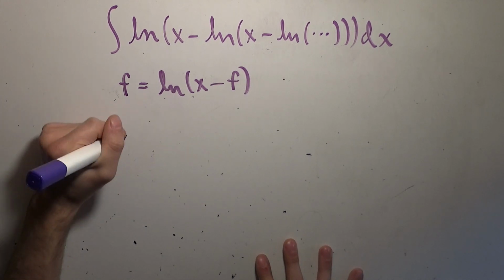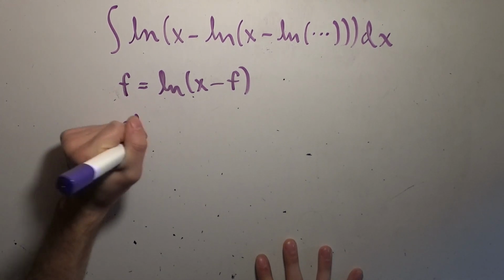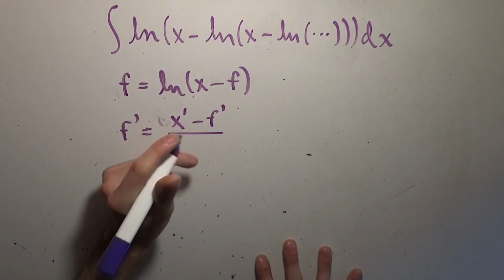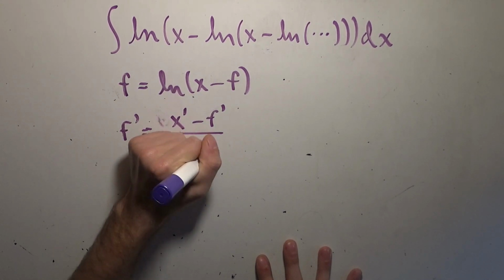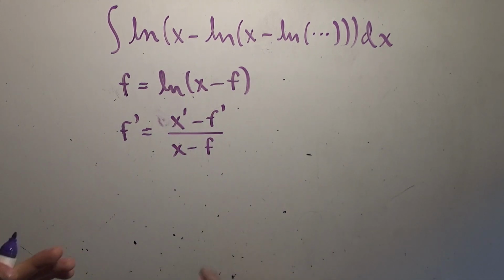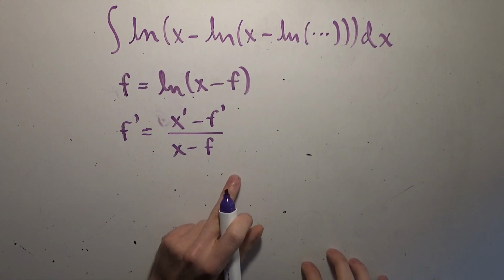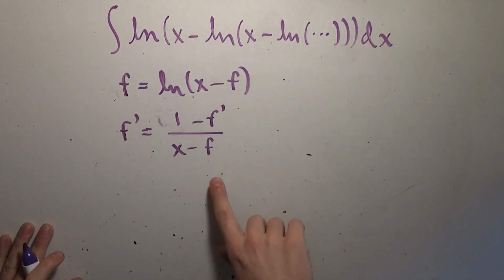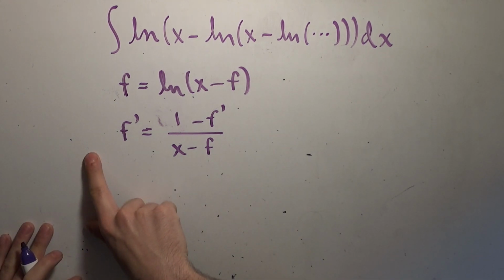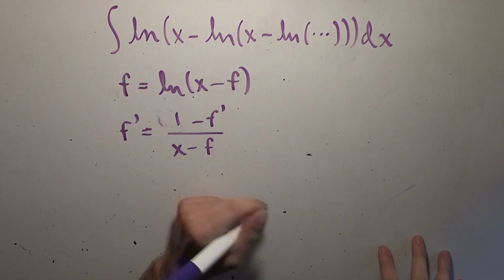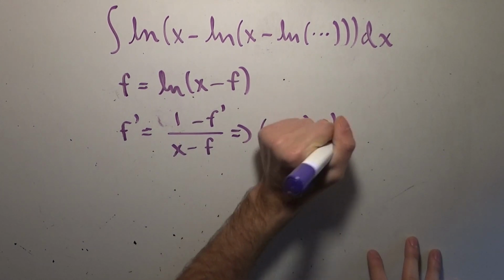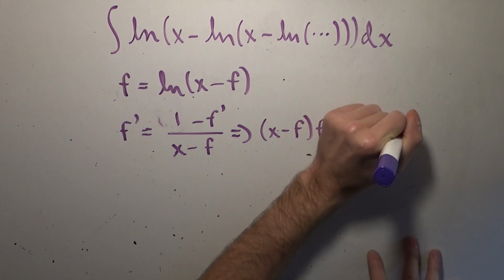So we have f prime is equal to x prime minus f prime over x minus f, right? And this is all taking derivatives with respect to x. So we can write this as 1, right? The derivative of x is 1, and we can multiply the x minus f over, and we get that x minus f times f prime is equal to 1 minus f prime.